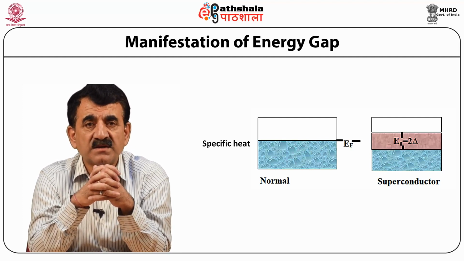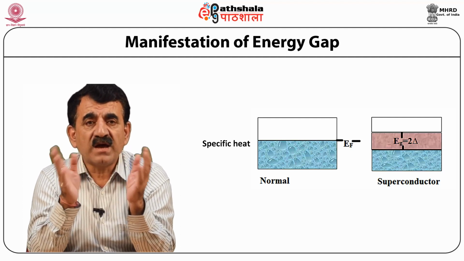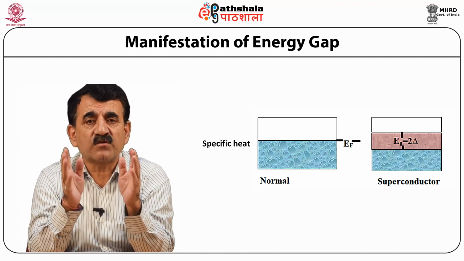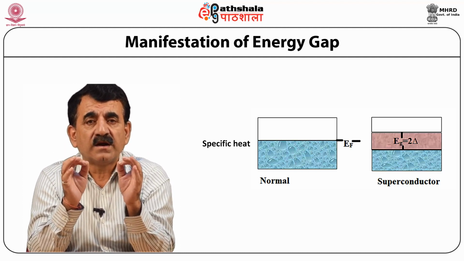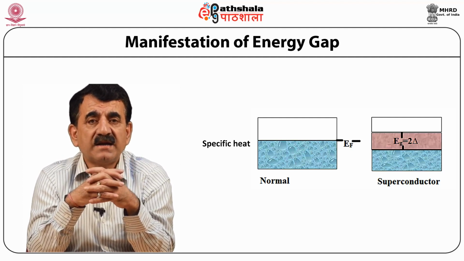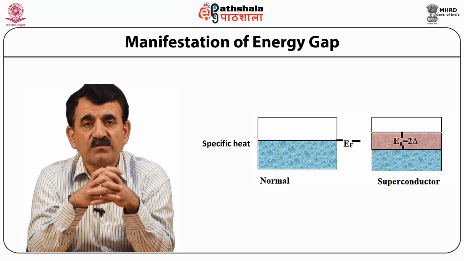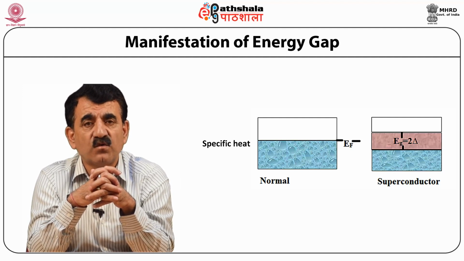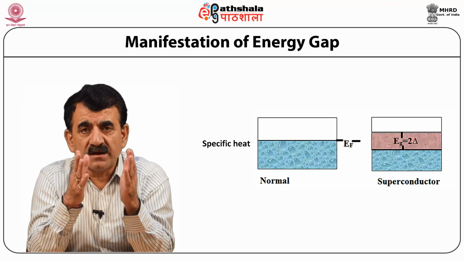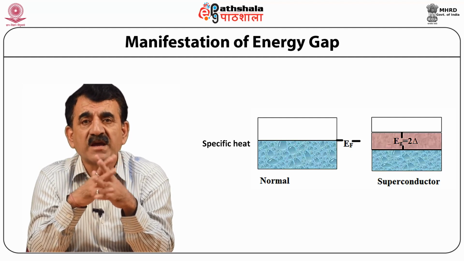The energy gap is given by Eg equal to 2 delta, where delta is known as the energy gap parameter, having a value equal to 1.4 kbTc for gadolinium, and this energy gap is of the order of 10 raised to power minus 4 electron volt for gadolinium. So if we compare this energy gap, it falls in the microwave region.